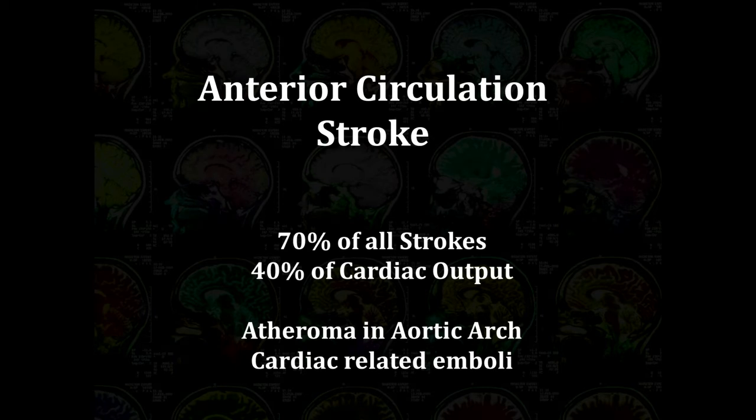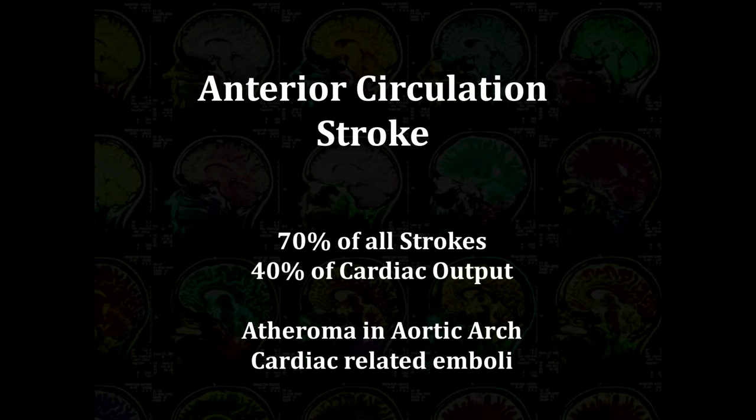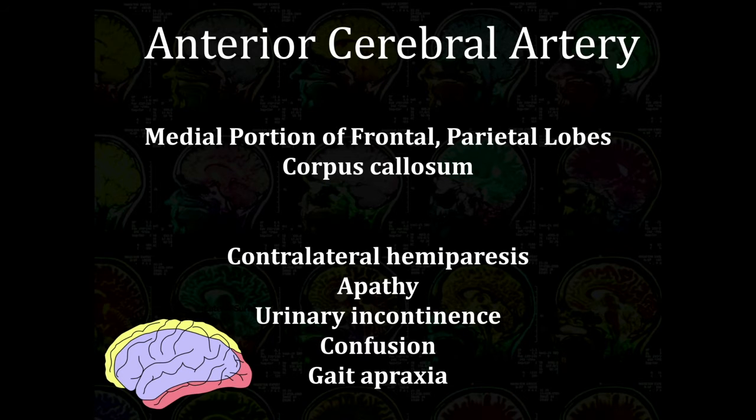It's important to understand where these originate. They originate based on a breakdown in the walls of the aortic arch. That's called an atheroma. And then we have obviously embolic disease processes where we have plaque rupture, again, that travels up through the heart into the brain through that internal carotid artery.